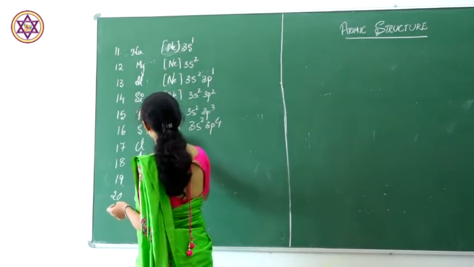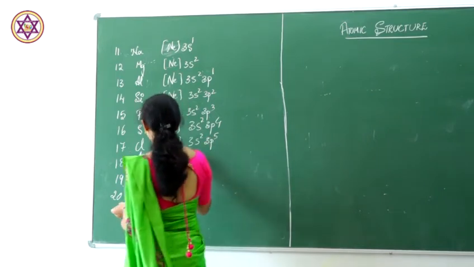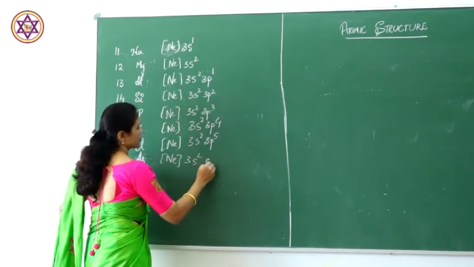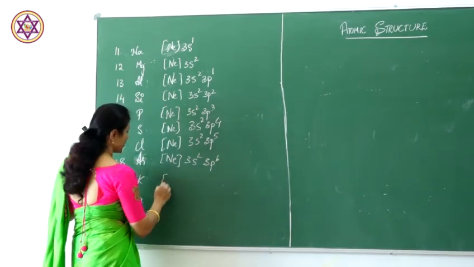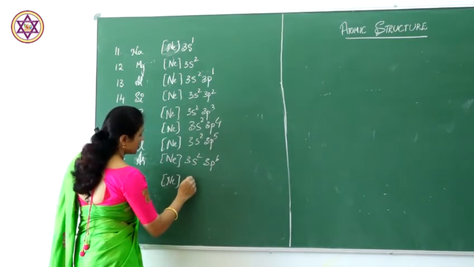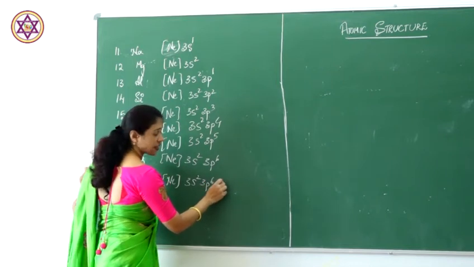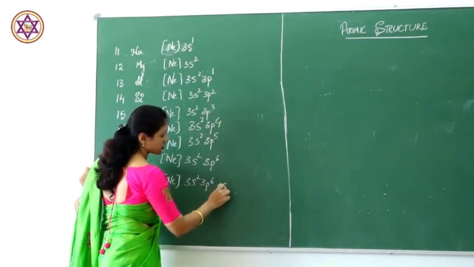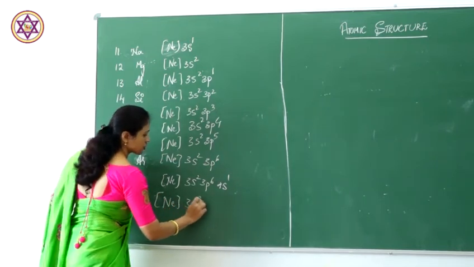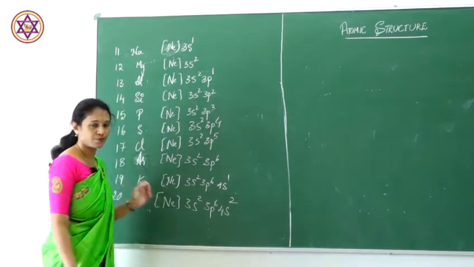For chlorine, 3s2, 3p5. Then argon, 3s2, 3p6. Then for potassium, after 3s2, 3p6, next comes 4s1. Then for calcium it is 3s2, 3p6, 4s2.